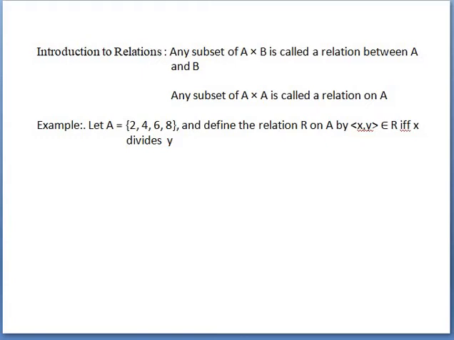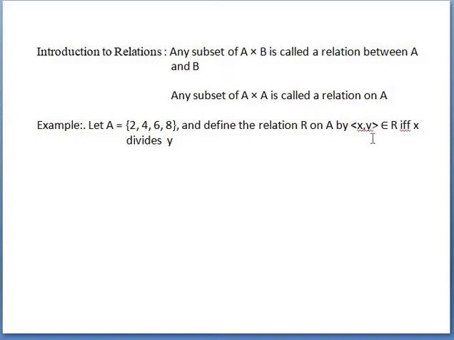Okay, so here the elements of set A are 2, 4, 6 and 8, and define the relation capital R on the set A by, see, this is the element of the relation. This is the same as the ordered pair.